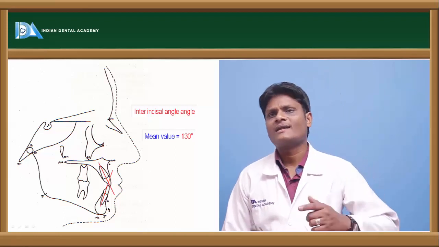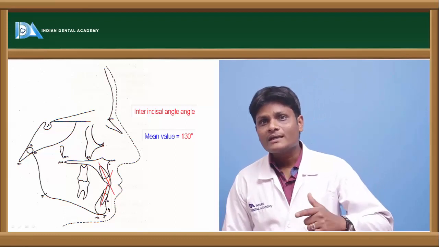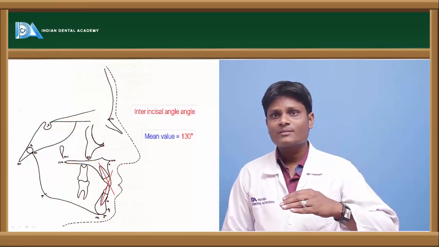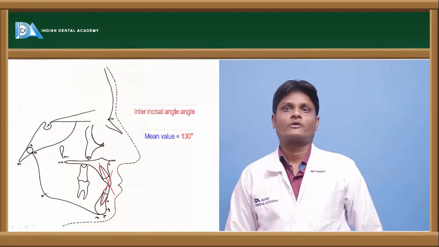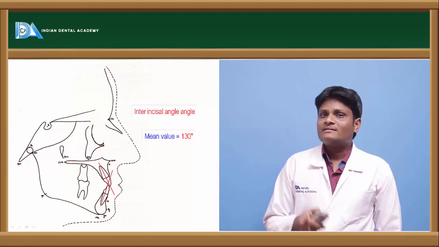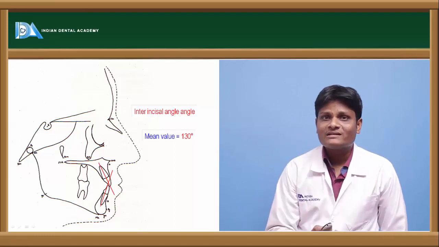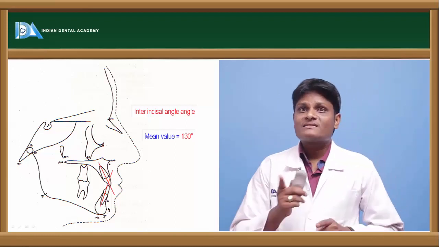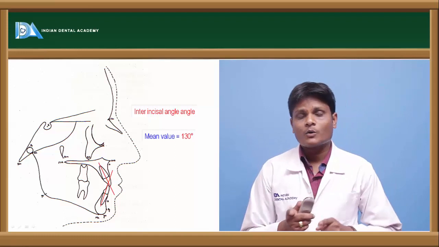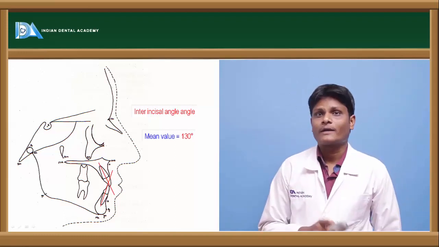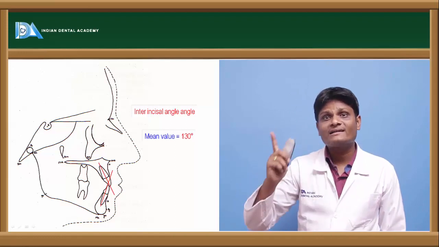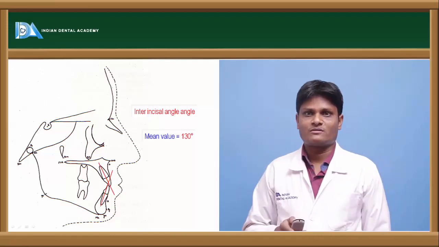If the angle is less than 130 degrees, it indicates either the maxillary incisors are protrusive, or the mandibular incisors are protrusive, or both are protrusive. Whereas an interincisal angle more than 130 degrees indicates either the upper incisors are retroclined, or the lower incisors are retroclined, or both are retroclined, as you see in the case of Angle's class 2 division 2 malocclusion. Okay.